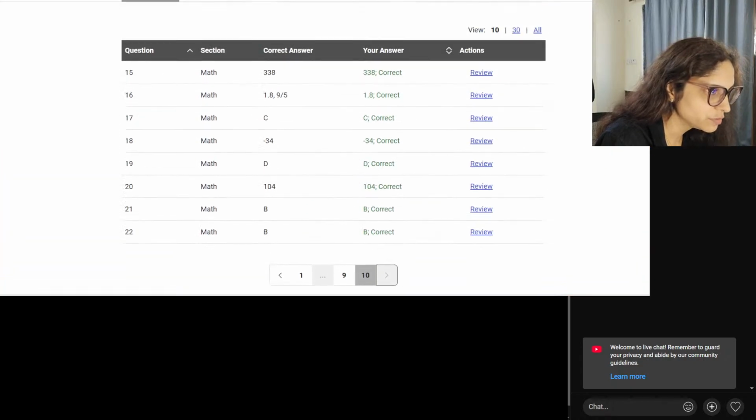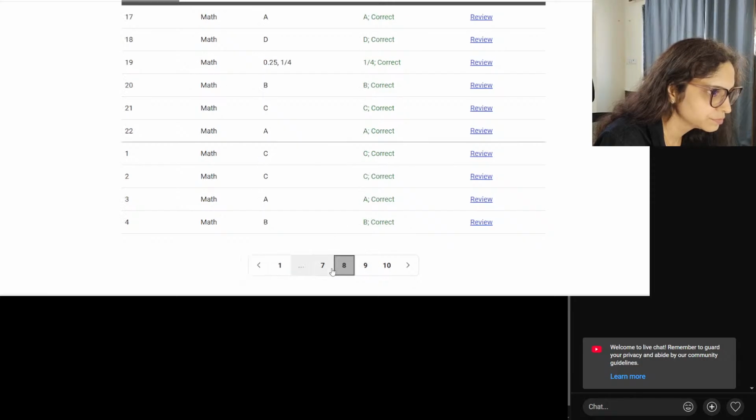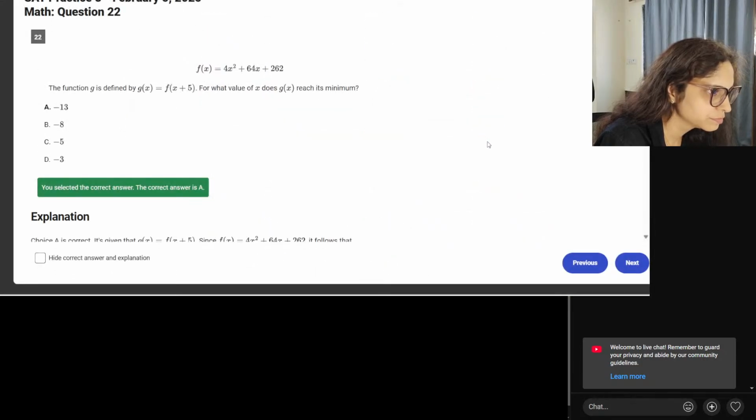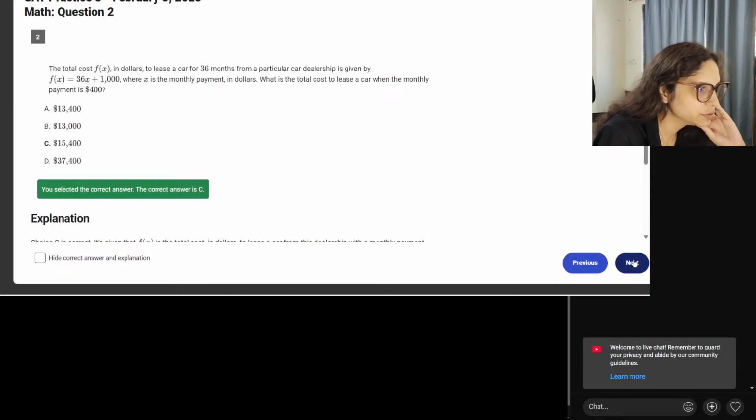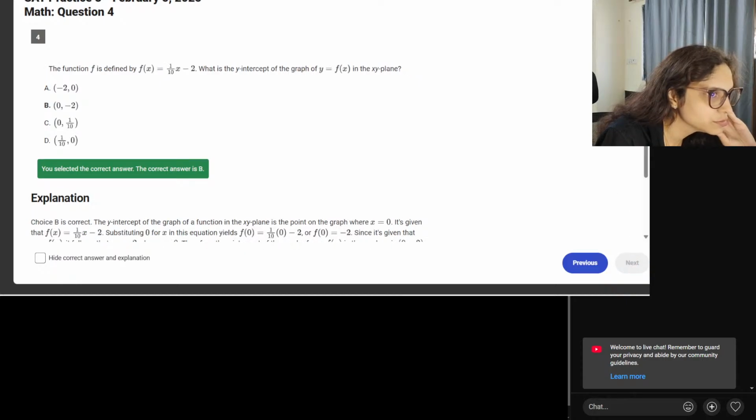So in the math section, we were doing certain questions. This is module 2. This we had covered, this we had covered.